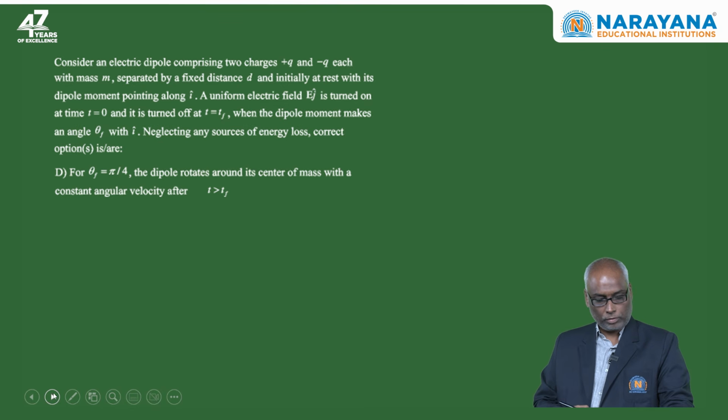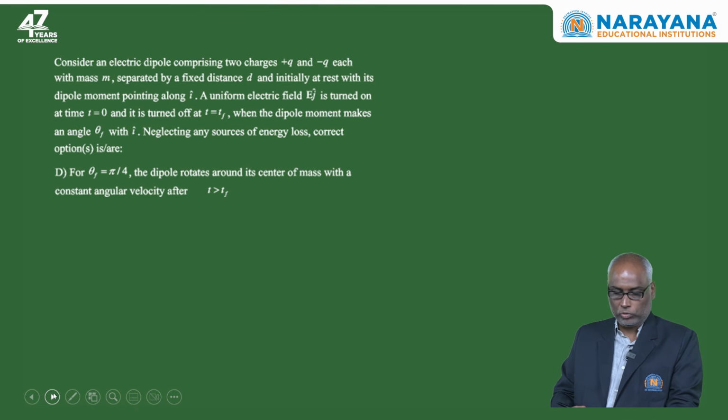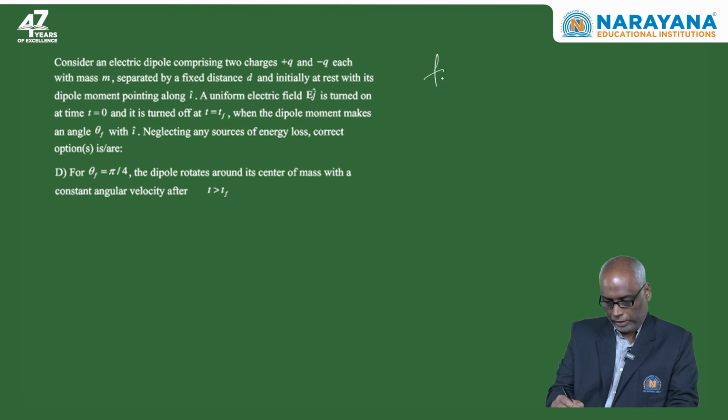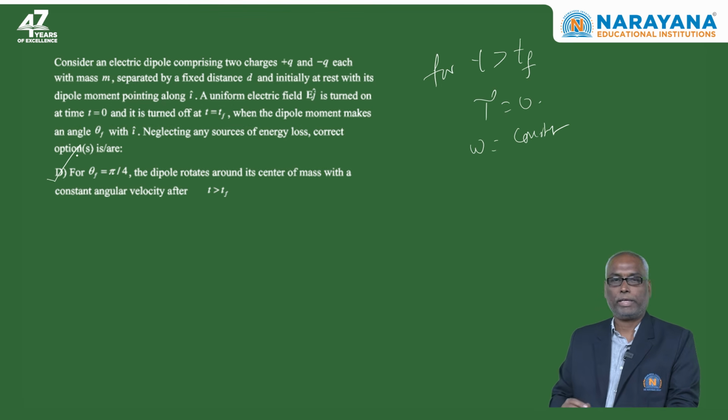It is the time at which the uniform electric field E j cap, turned on at t equals 0, is turned off at t equals Tf. So, when t is greater than Tf, obviously, because the electric field is switched off, the torque is equal to 0. When torque is 0, omega will remain constant. Hence, option D also will be correct.